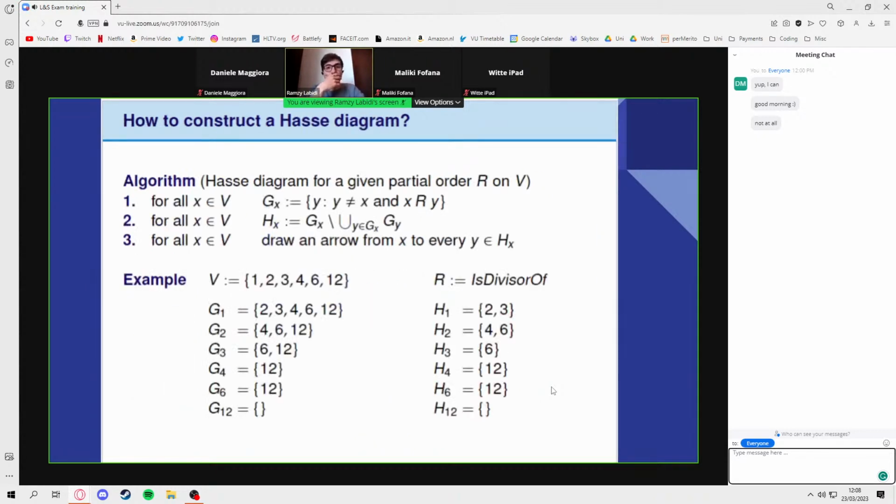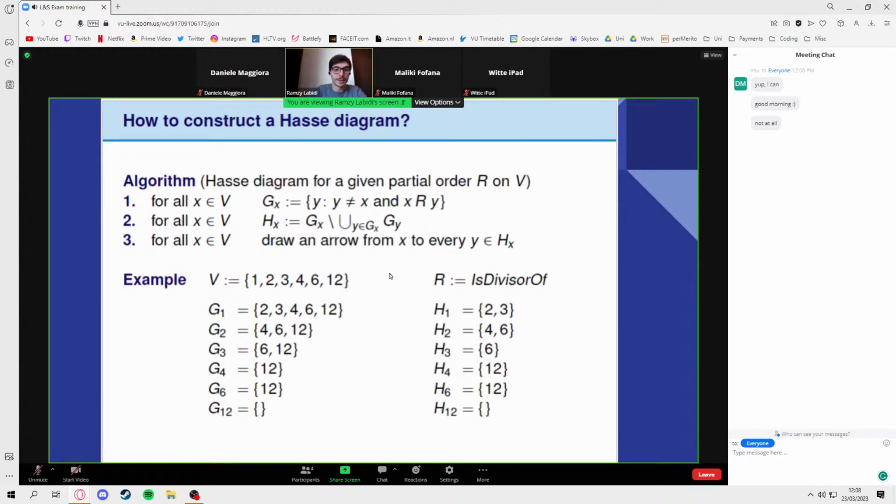The algorithm, the way it works, is actually quite important because it might pop up in a question, and actually quite a hefty one. But it's quite simple. You look at what kind of relation you have, and in this case we have is divisor of. Because we have is divisor of, we take all the ones in V that are divisors of other numbers, for example, divided by 1, 2, and 3.